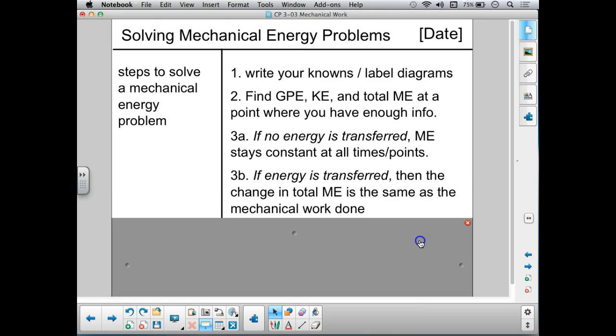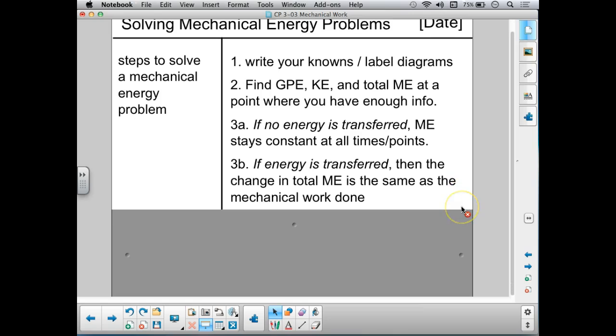However, if energy is transferred, if you know that energy is entering the object or leaving the object, now we have to consider the change in total mechanical energy. Now we have to consider mechanical work. So we're going to have to use our two relationships, work equals force times distance, or work equals the change in mechanical energy, in order to figure out how much energy was transferred.